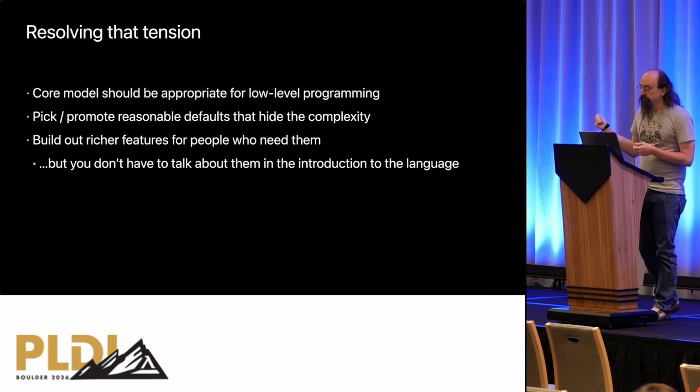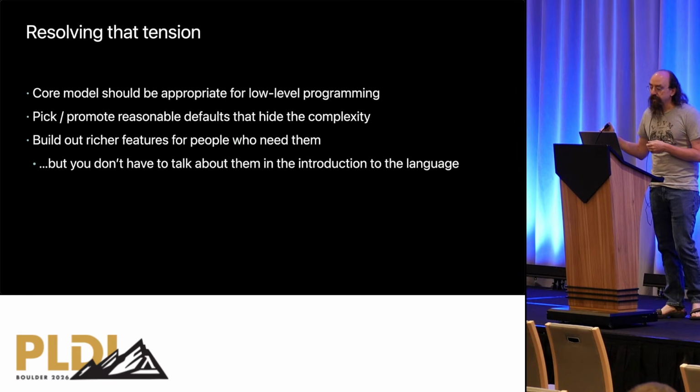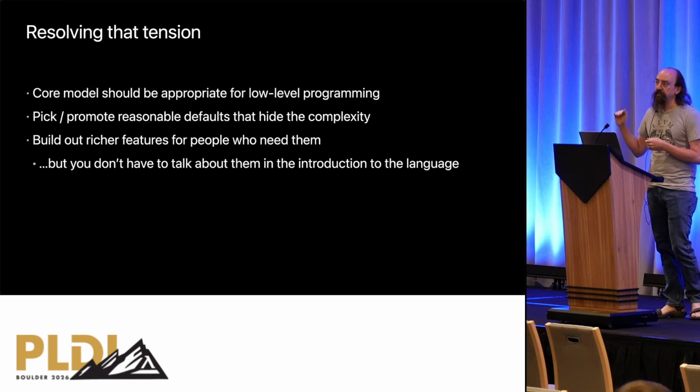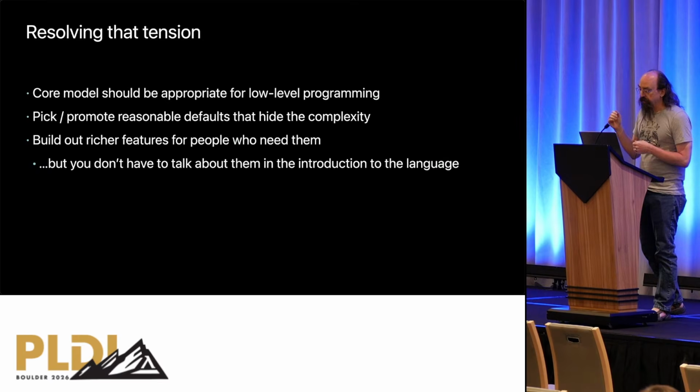You pick reasonable defaults, and you push people towards acceptable common solutions that work as a basic baseline for how to write code. And you can use that as the core of how you teach the language to new programmers. That gives you a lot of room to build out a more advanced feature set for the under-the-covers stuff to support the lower-level programming that you need.